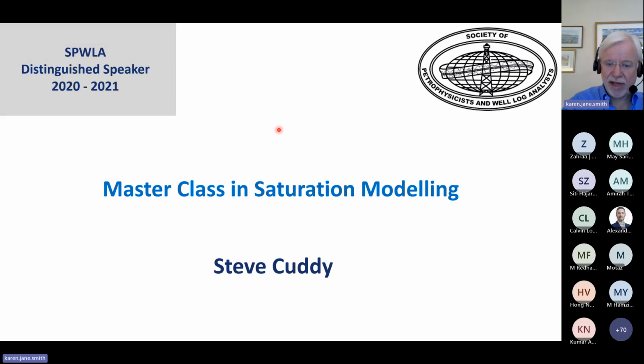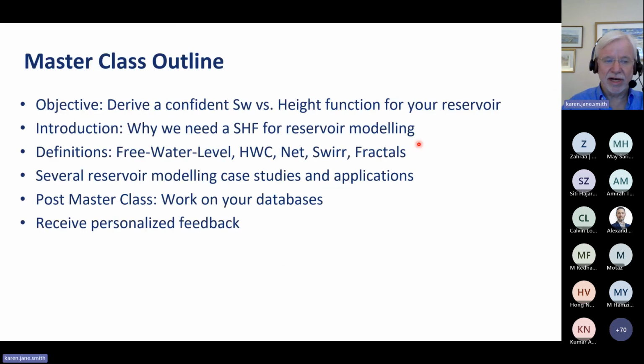So let's have a look at the outline of this presentation. So the objective, the single objective, is for you to be able to derive a confident SW versus I function for your reservoir. I will go back to basics and I'll explain why we need an SW function for reservoir modeling. But very importantly, I want to discuss some definitions.